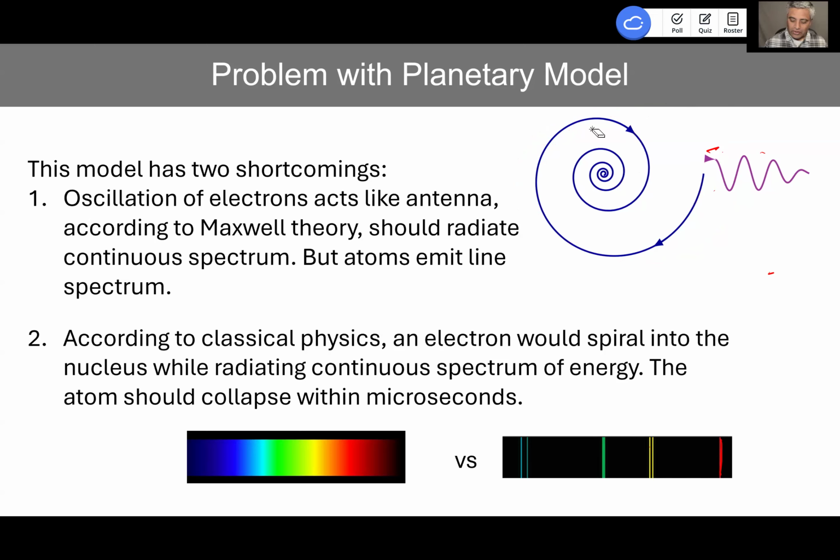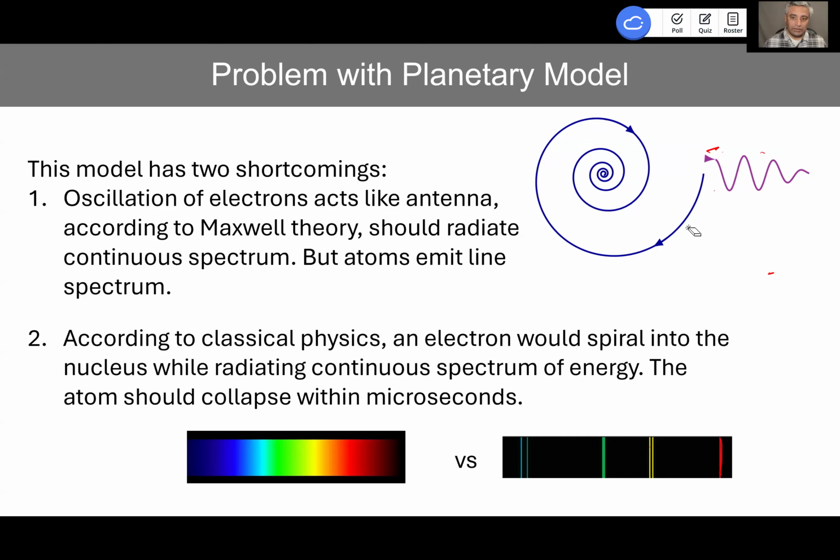If the electrons go and combine with the positive charge and become neutral, then the atom does not exist. The planetary model collapses. Okay, so that's the problem.